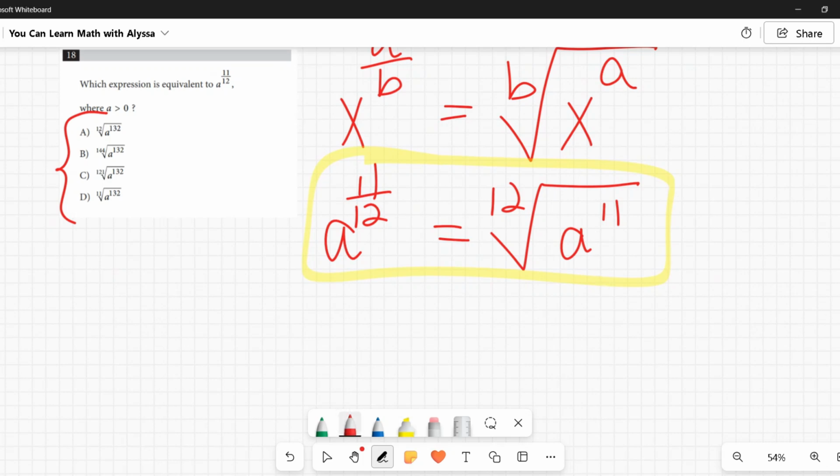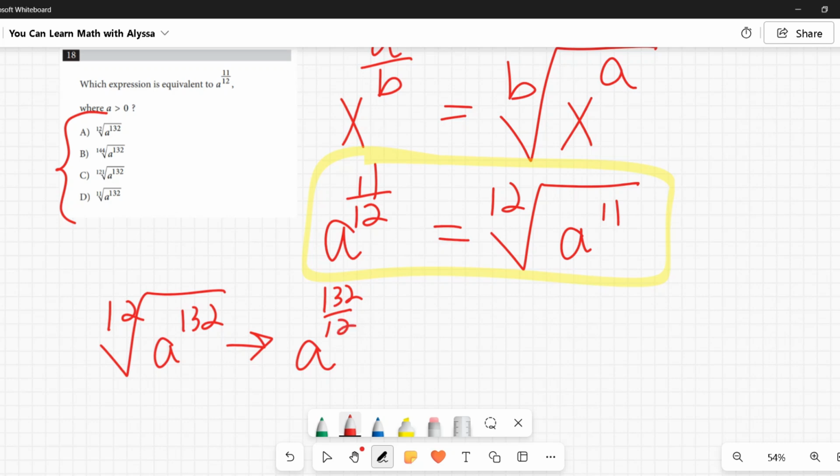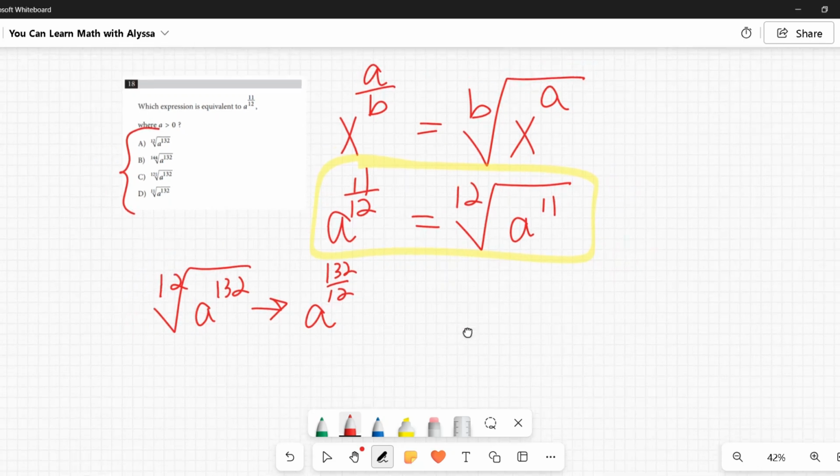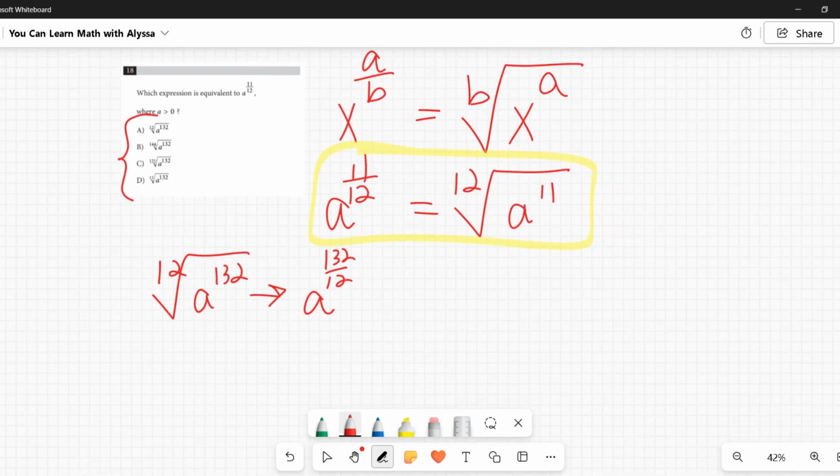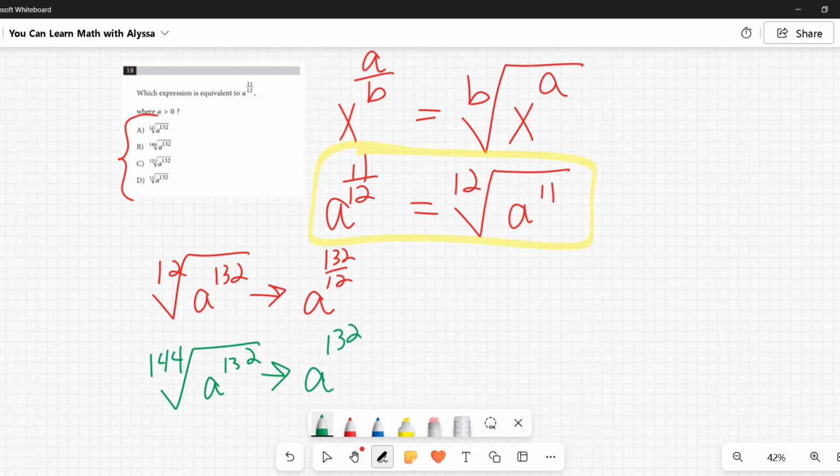All right, so first we have the 12th root of a to the power of 132. That would convert back to a to the power of 132 over 12. Zoom out a little bit. Then our next one is the 144th root of a to the power of 132, which would be a to the power of 132 over 144.